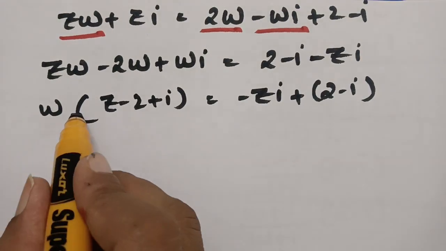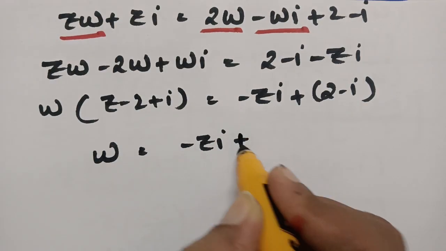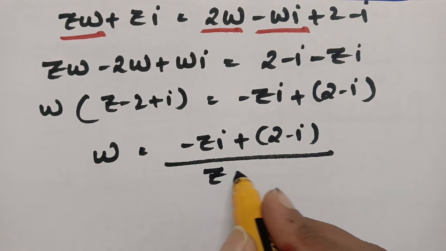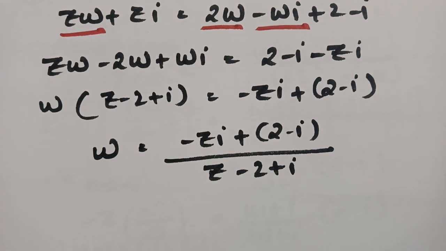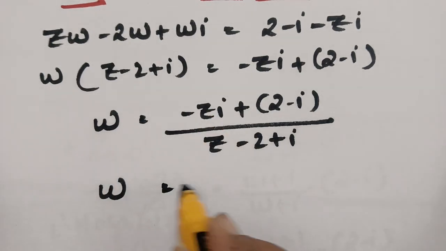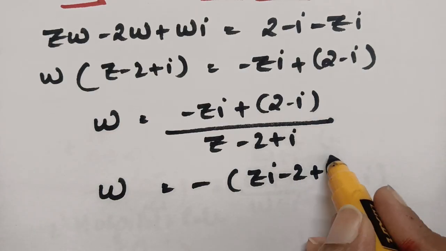See, clear? So I need the w value. The w value is equal to minus zi plus 2 minus i by z minus 2 plus i. Here, if I take minus common in the numerator, this will be zi minus 2 plus i.